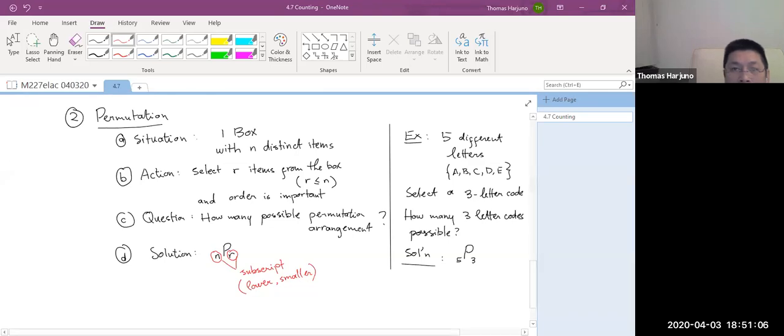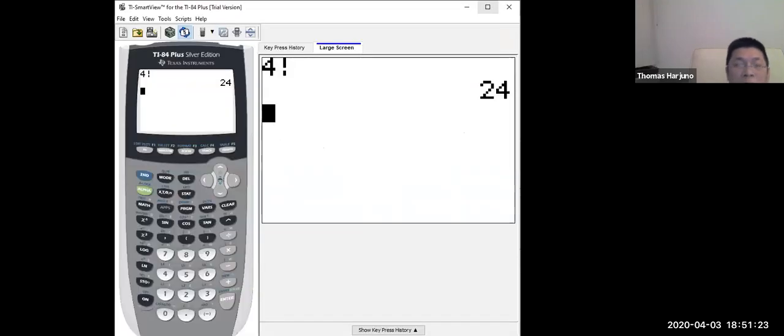Let me bring up my calculator. Can you see my calculator right now? Now to compute 5P3, I will press 5 first. Follow me with your calculator.